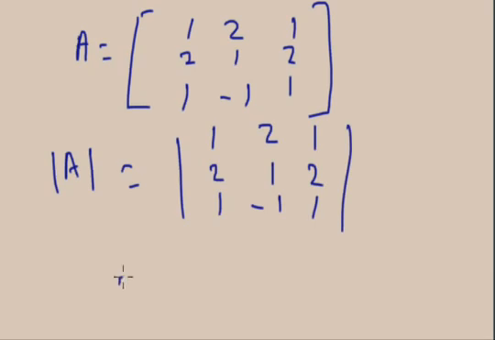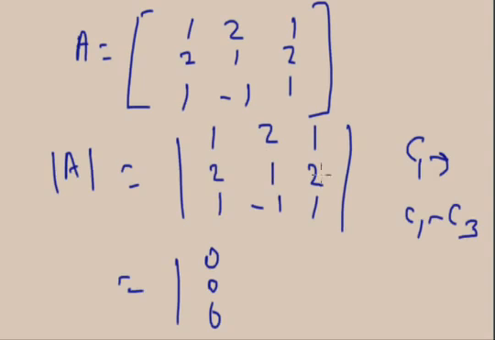If I reduce this, I will get 0 0 0, because both rows are the same. So the rank is definitely not 3; the 3 by 3 determinant is 0.